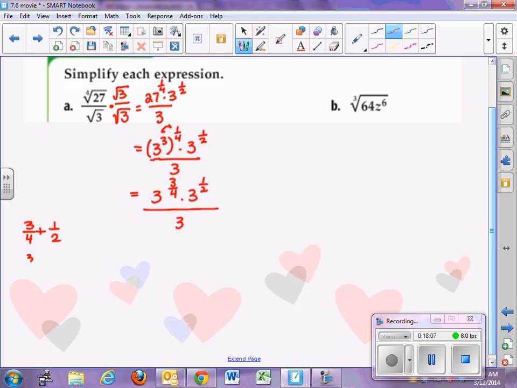Well, that's really 3/4 plus how many fourths? You had to multiply the top and bottom by 2 so that you have the same denominator of 4. So this is like 2/4. So 5/4 is the power on the top. The bottom is 3. And I think that's going to be the simplest answer.